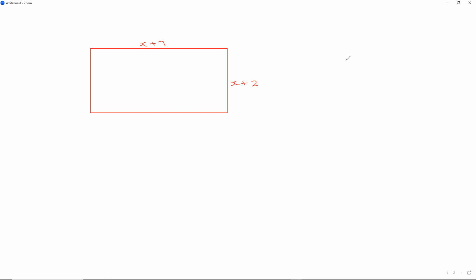And I'm told that the area of this rectangle is 100 meters squared. And I want to find the value of x. So the question is, find the value of x that would make this true.